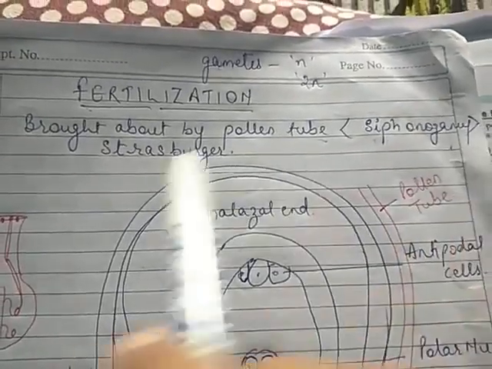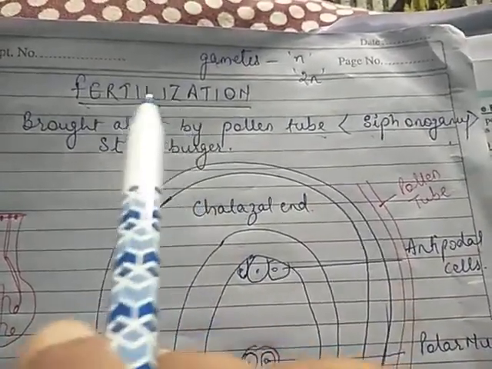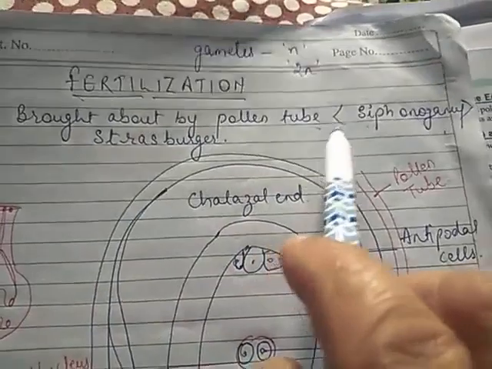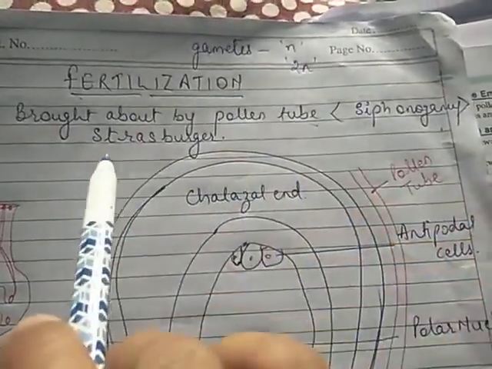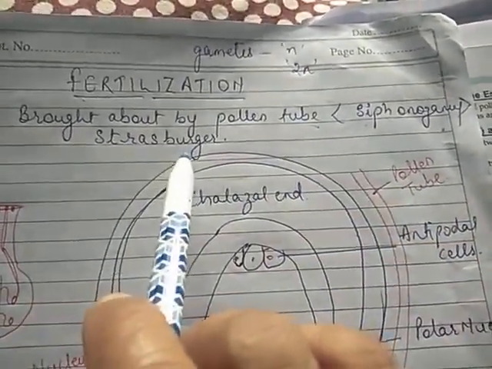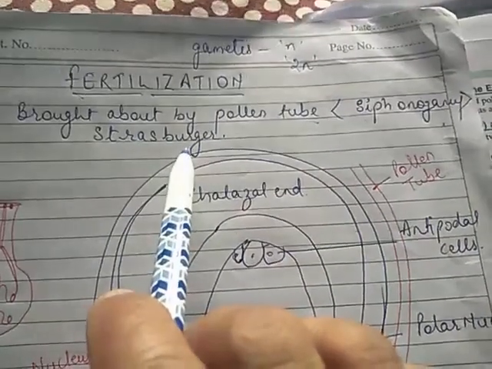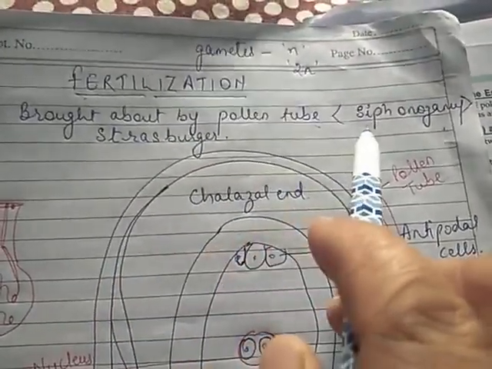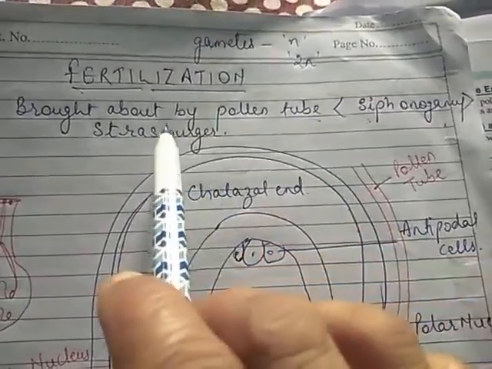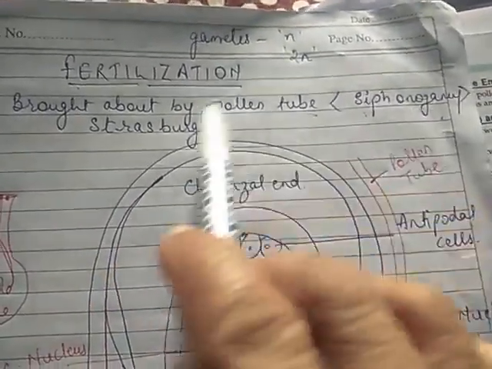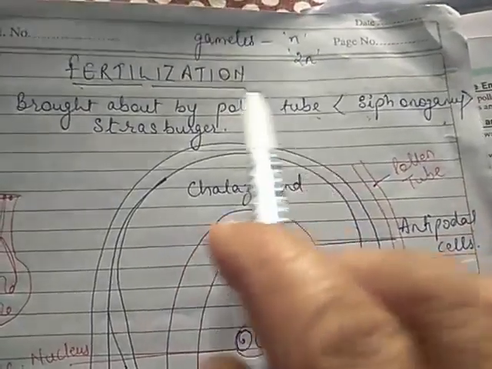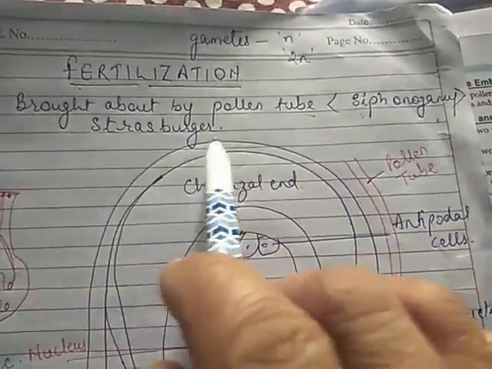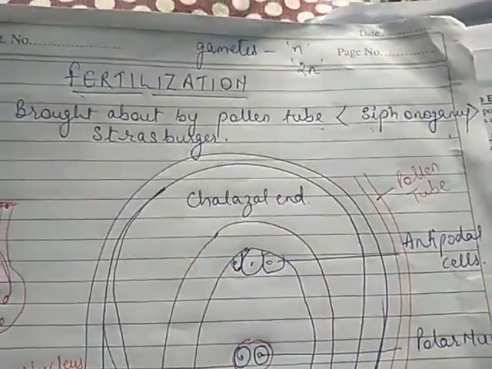Siphonogamy means when fertilization is brought about by the pollen tube. And this was discovered by Strasburger. So most of the time when they ask who was the scientist who brought about the concept of pollen tube entering and fertilization, you will always say it's Strasburger.